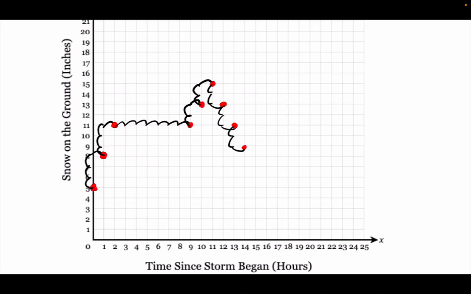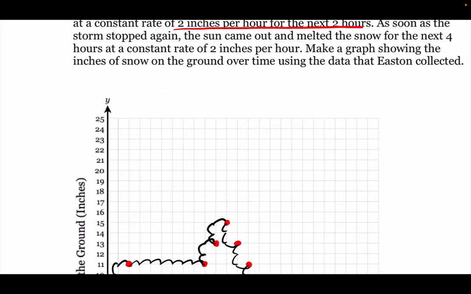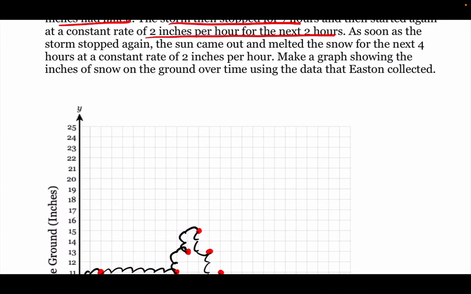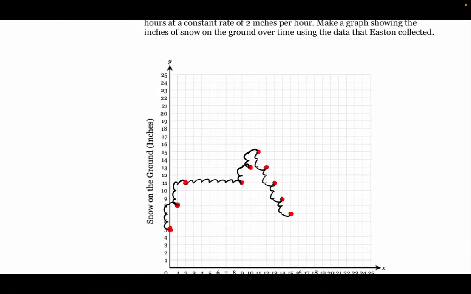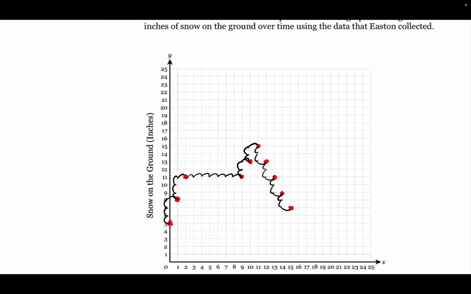That's 3 hours. 1 more hour. Down 2 over 1, and that's the 4th hour. Because it said 4 hours. So it went down 8 inches in those 4 hours, right? So right now, there are 15 hours since it started, and total there should be 7 inches of snow off the ground. All right, let's go to the next step.